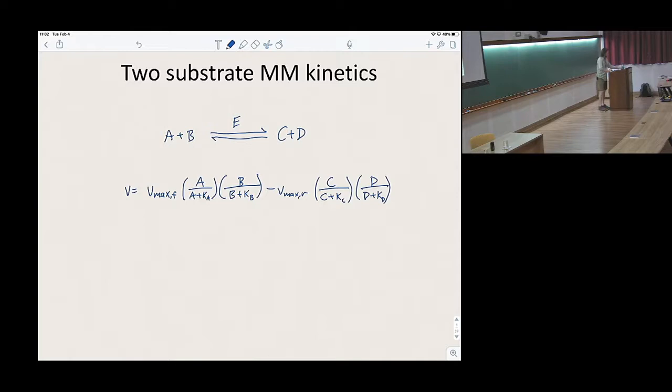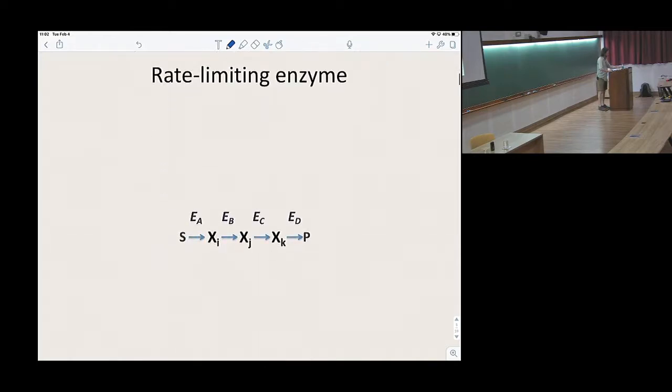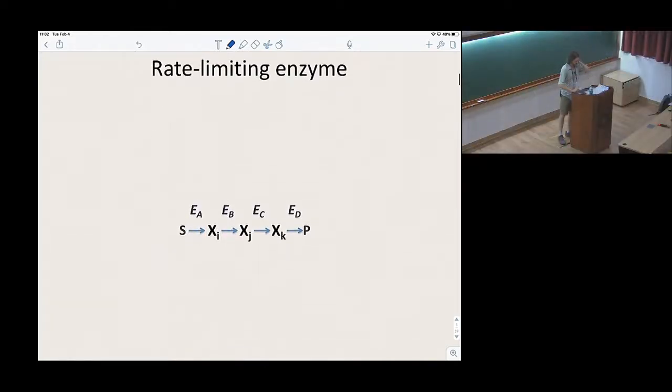But this also becomes important later. So I'm going to leave you with this thought that relates to the first. Let's imagine I'm going to tell you the Vmax for each of these enzymes.